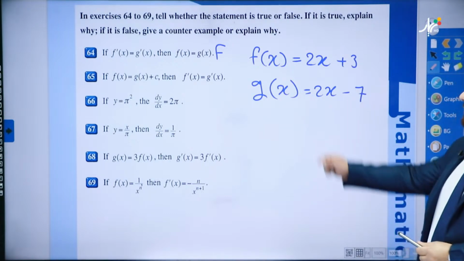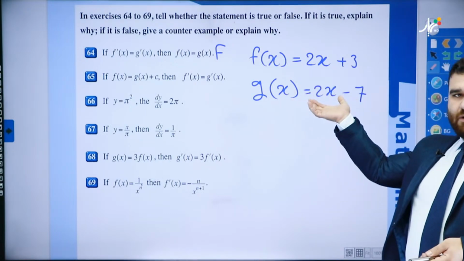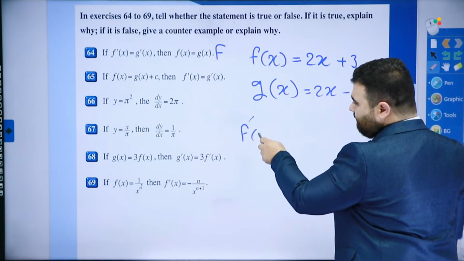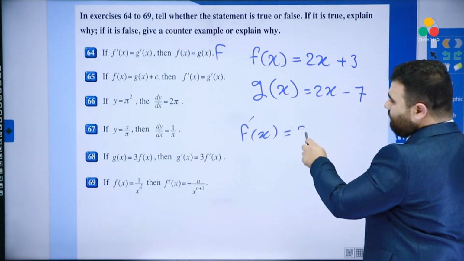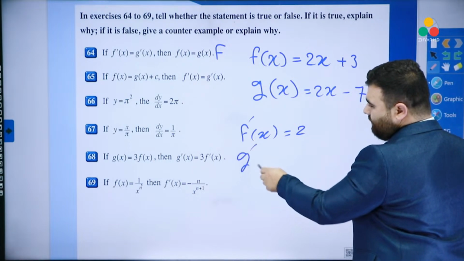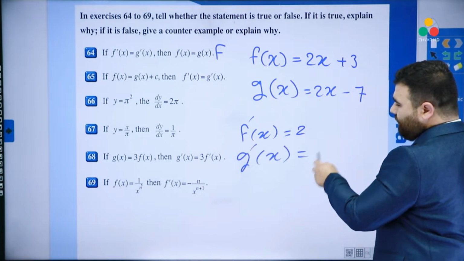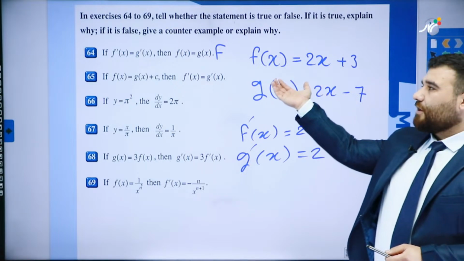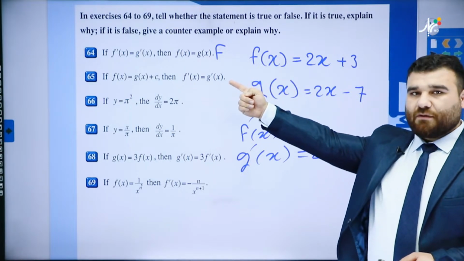Now, as functions, f and g are not equal, while their derivatives are equal. F prime of x is equal to 2. G prime of x is equal to 2. See, the derivatives are equal, no problem, but the functions are not equal. Then this statement is false.